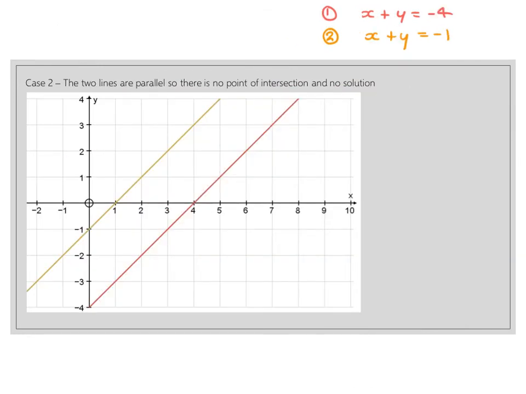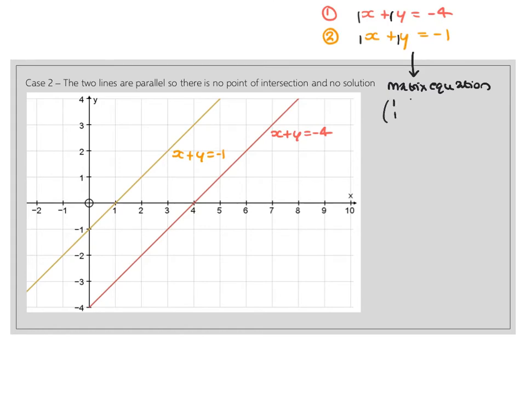So I want you to have a look at the straight lines in the diagram here. The simultaneous equations are as above, so equation 1, x plus y equals negative 4, and then equation 2, x plus y equals negative 1. Now let's set up the matrix equation as we did previously. So look at the coefficients here.